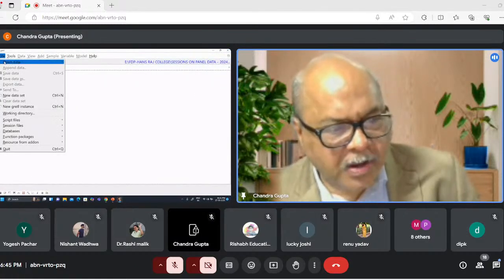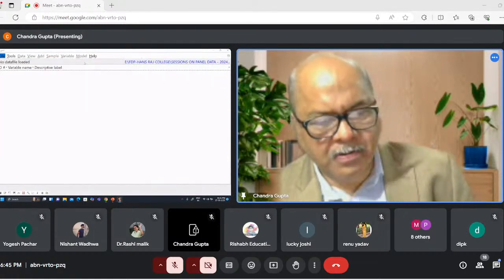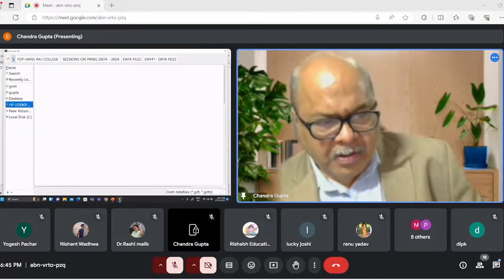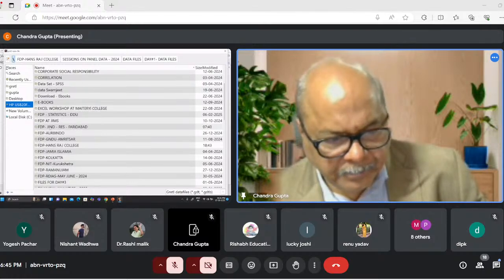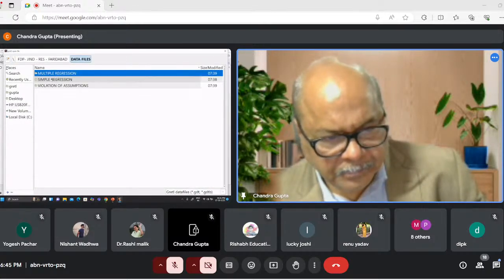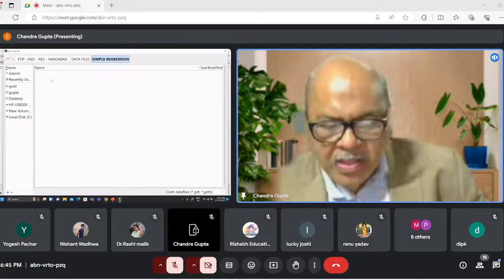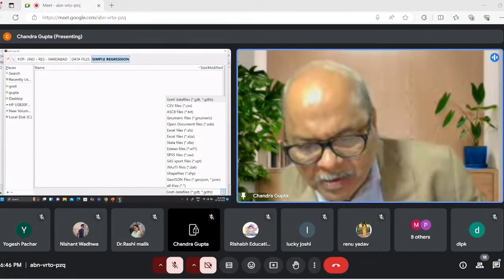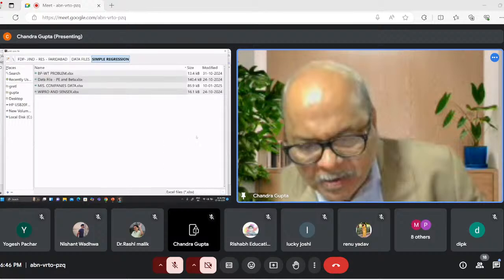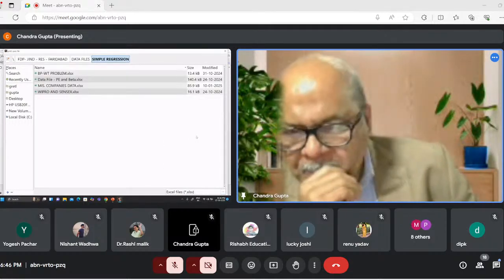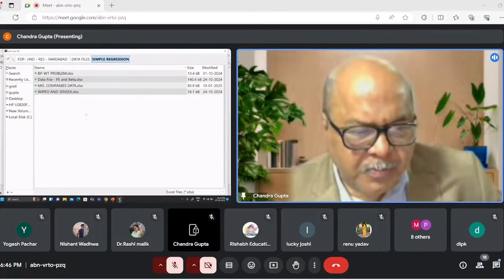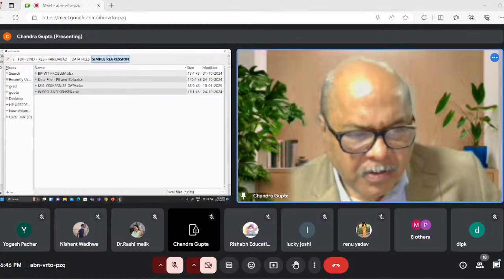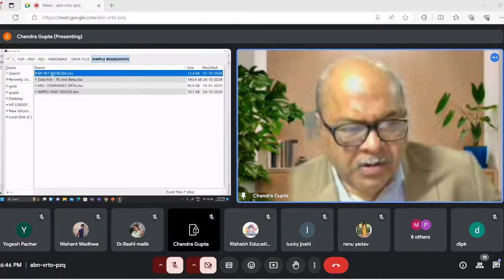So go to file, open data, user file. Wherever you have the file, you can open it. At the bottom, you will see Gretl data files. If you click here, you can click on Excel. Let's work with the very first file, BP and weight problem.